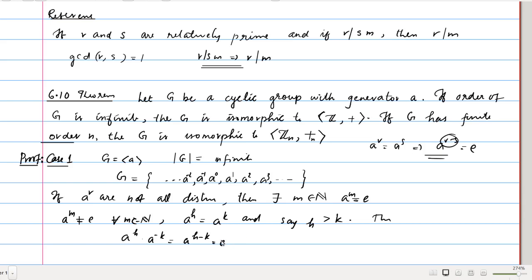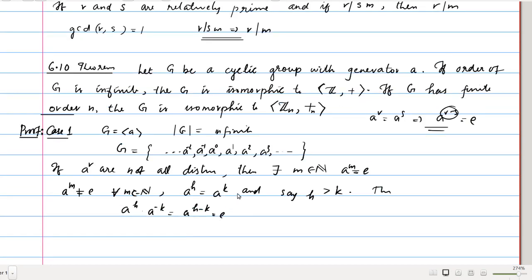So A raised to M not equal to E means A raised to H cannot be equal to A raised to K. If this is the case, this never happens. Then what is the contrapositive of this? The contrapositive is also true, that is, the A raised to N are all distinct.